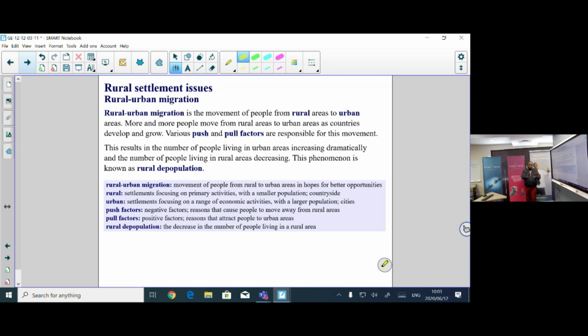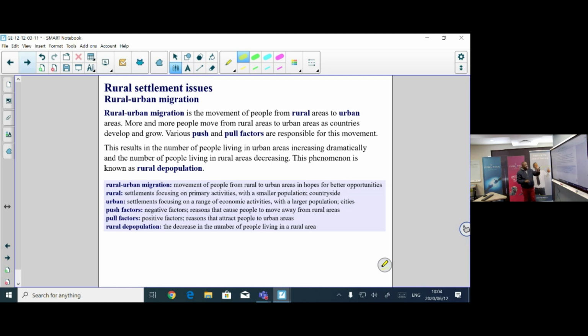So what pushes people away is what is undesirable that they see in the area of their settlement. And that makes them go elsewhere. And what pulls people to a certain area, like in the urban areas, it is what is attractive in that area that they want to go and have or want to go and enjoy.